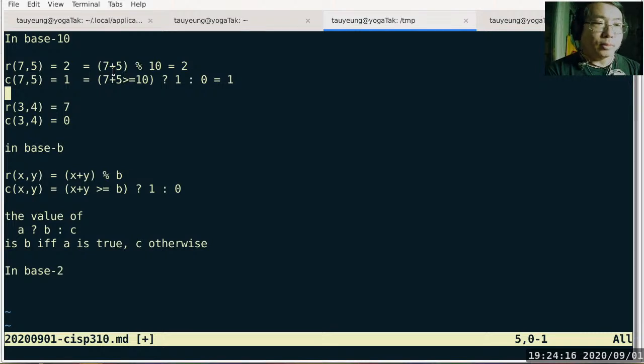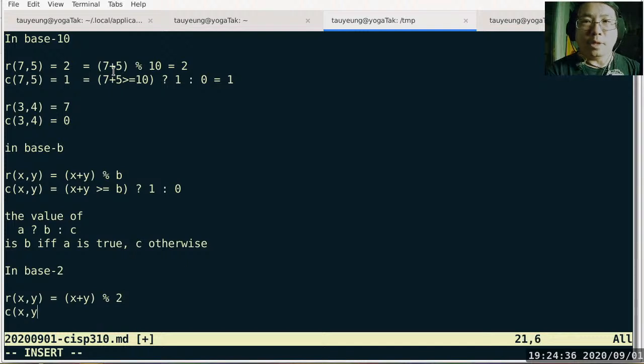So now what we're going to do is move on to base 2. When we apply R and C to base 2, it's not mysterious, right? So in base 2, R x y is (x plus y) mod 2.